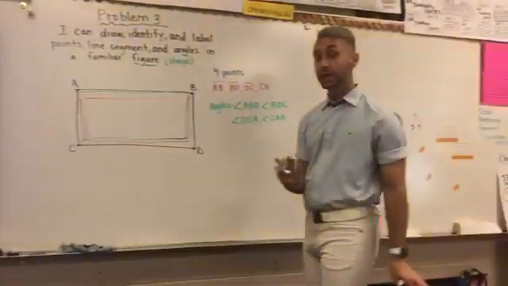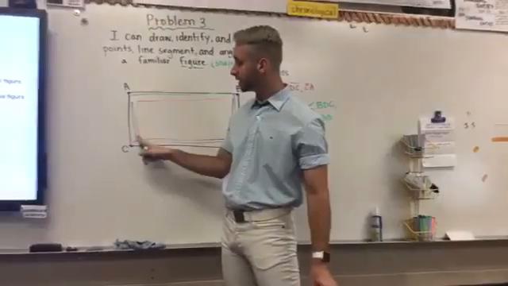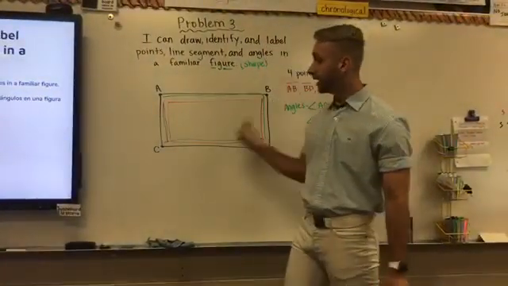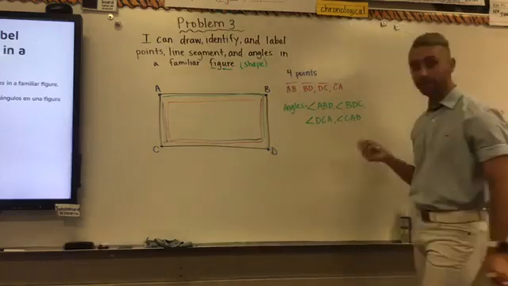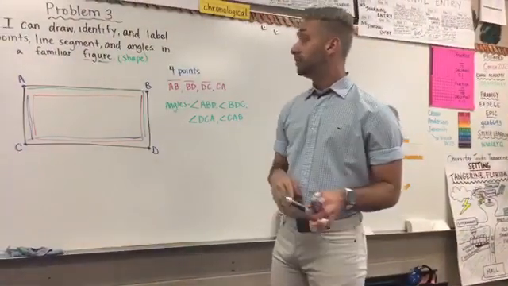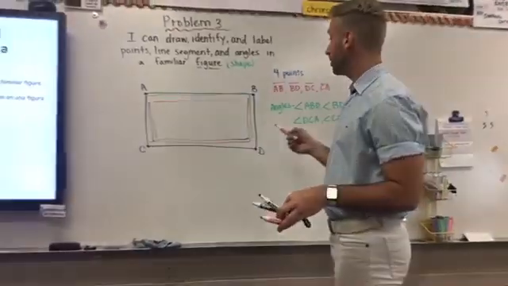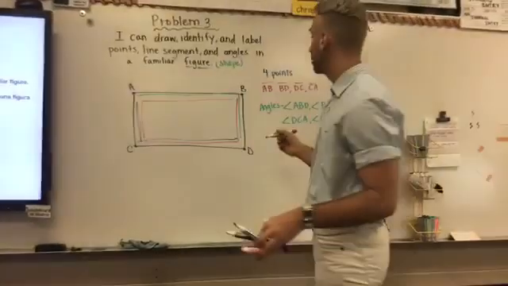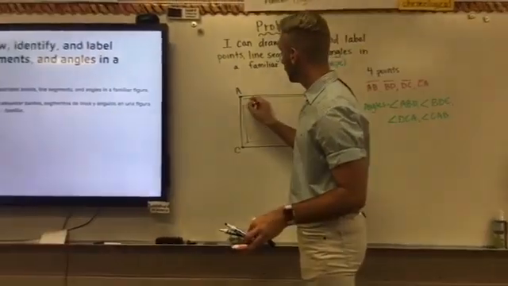Remember, whenever you're writing your angles, whichever letter is in the middle, so you see how I did C, A, B, A is in the middle. If it's in the middle, you put it in the middle whenever you're labeling it. So be sure you do that. Okay? If you wanted to get really technical with this, you could show your angles by doing this right here, like an arch.